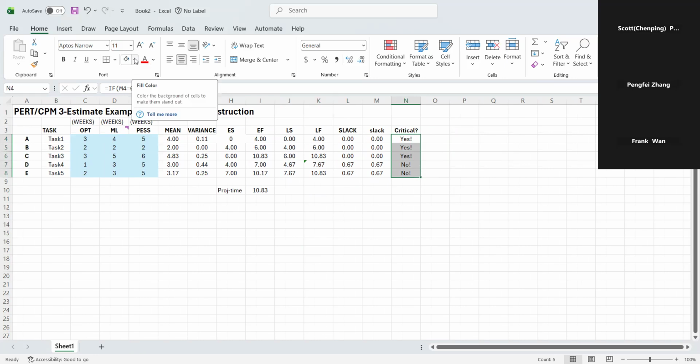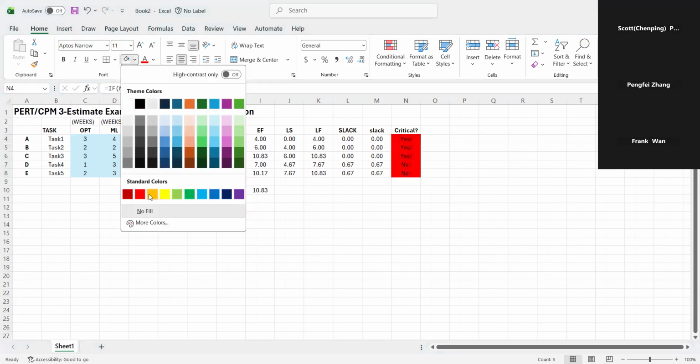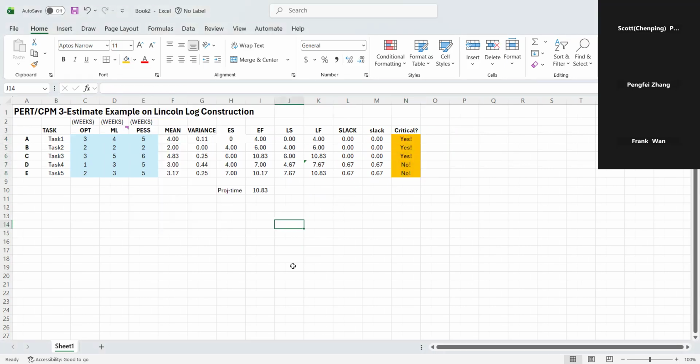This is part of the target to find out whether it's on the critical path or not. So I use the color orange. So we can answer the questions one by one.